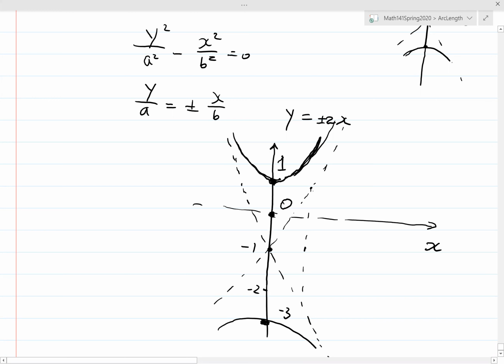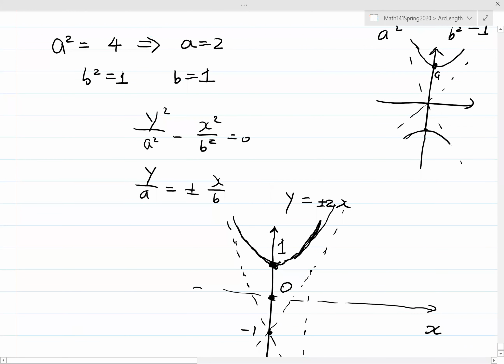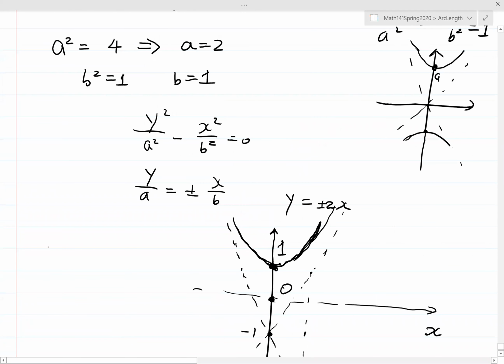Now, how do we find its two foci? What is C? Remember, C squared is A squared plus B squared in the case of hyperbola. A squared is 4, B squared is 1. So C is root 5.